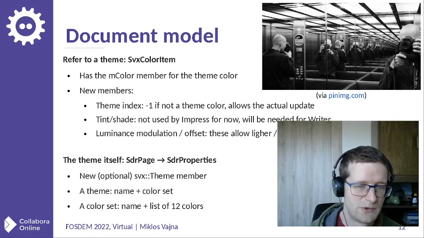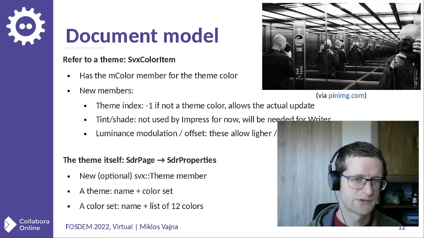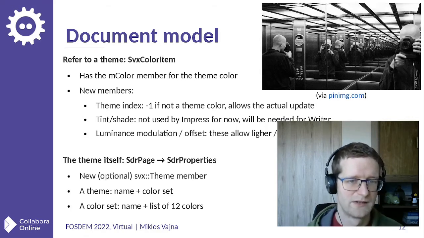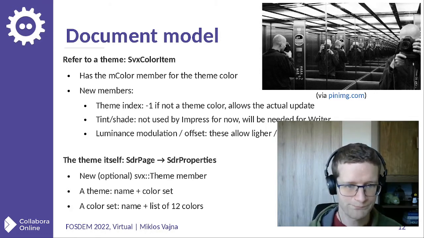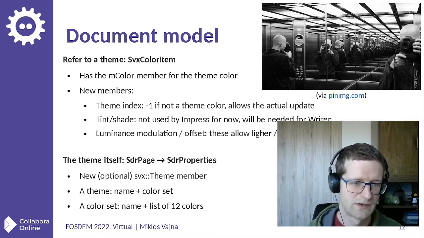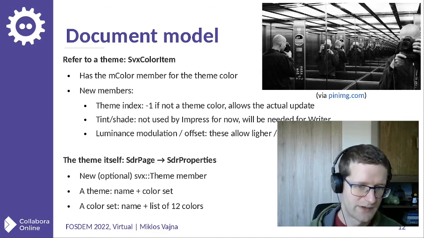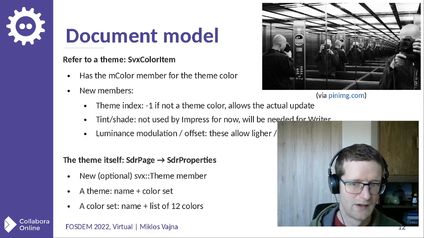The document model works by having all these properties for text portions, which are pool items, and we have a color pool item that contains the RGB color. Now we have new members there. There is a theme index, which is necessary for the update of the color. And also we have new members for storing the luminance modulation and offset, which, combined, allow an effect which results in lighter or darker variants.